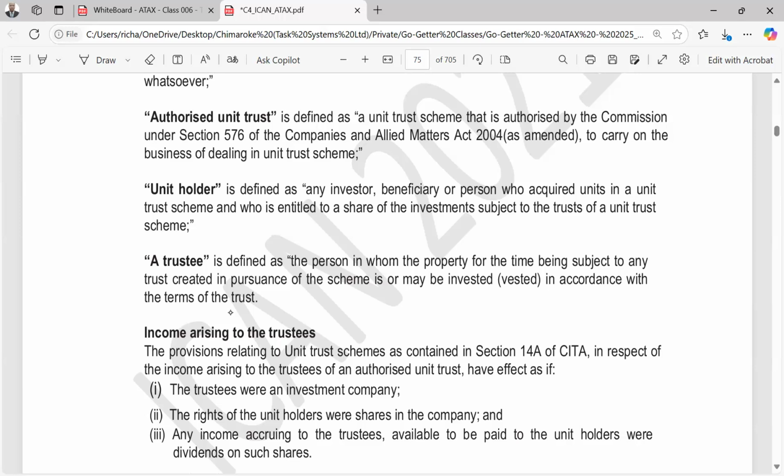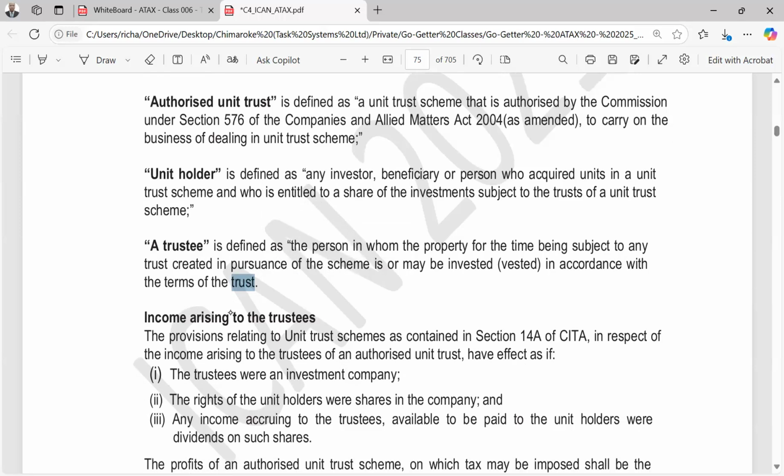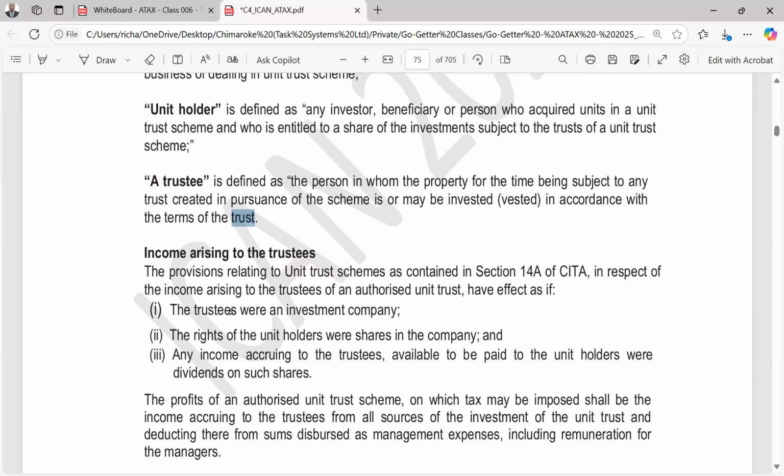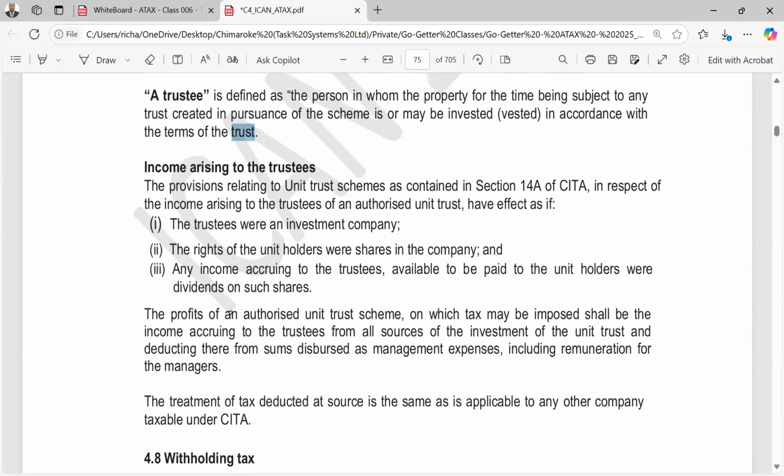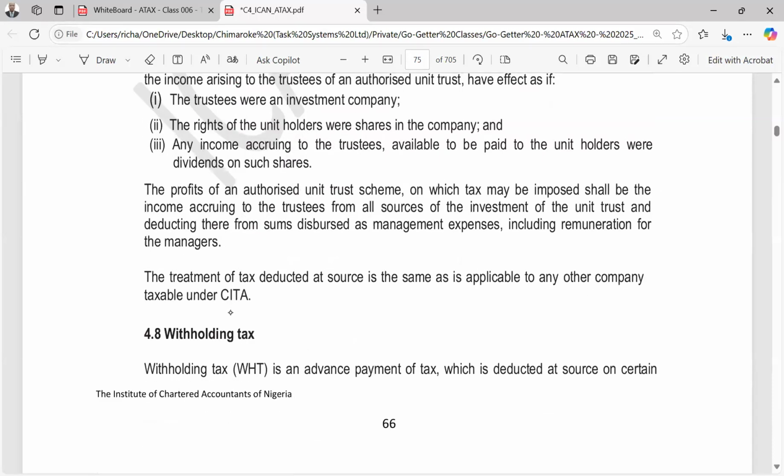Most times, a trust is created by somebody when he makes a will. Most of these trusts are also done in connection with a will. We'll talk about these in a later topic.